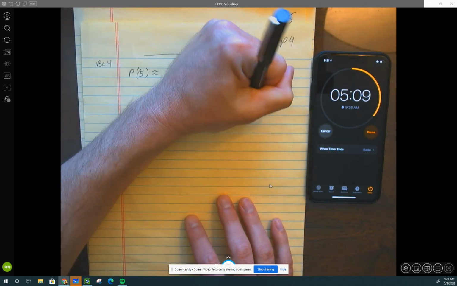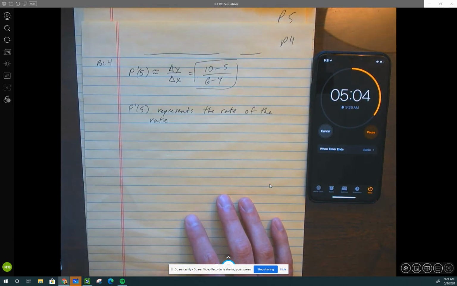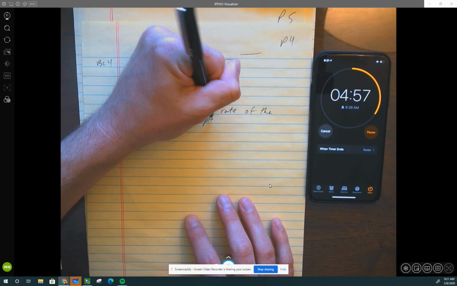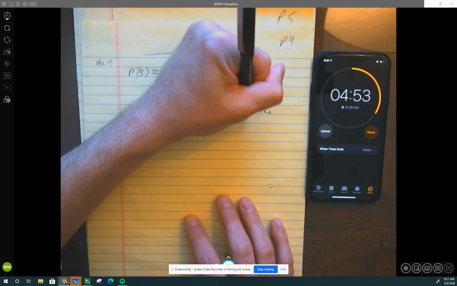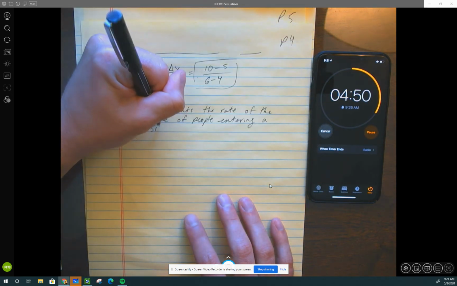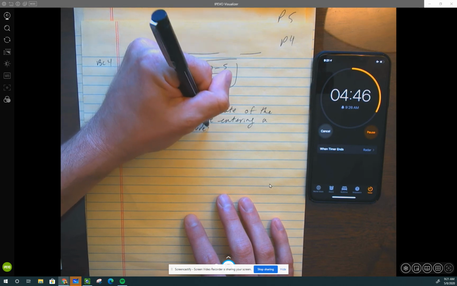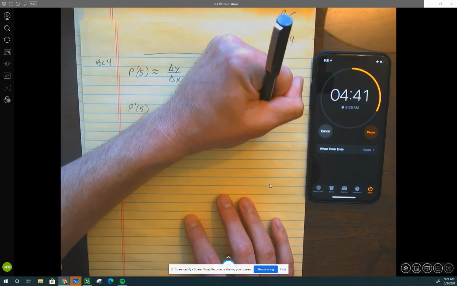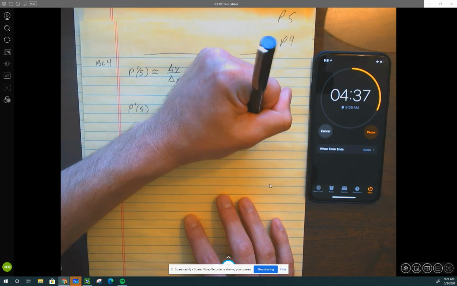So it's the rate of the rate of people entering the school measured in people per second per second.